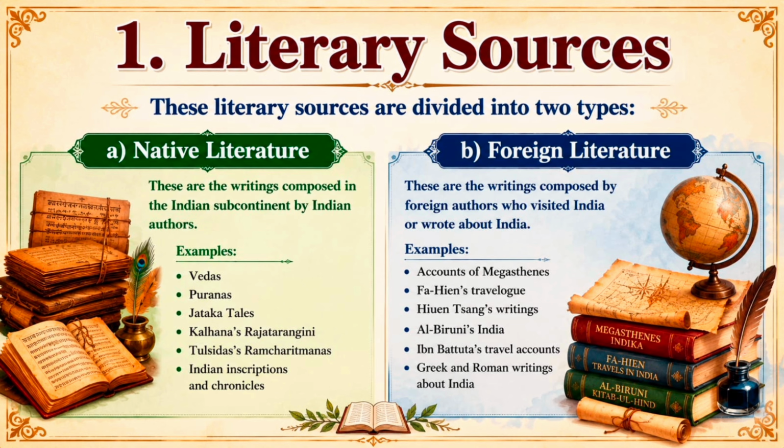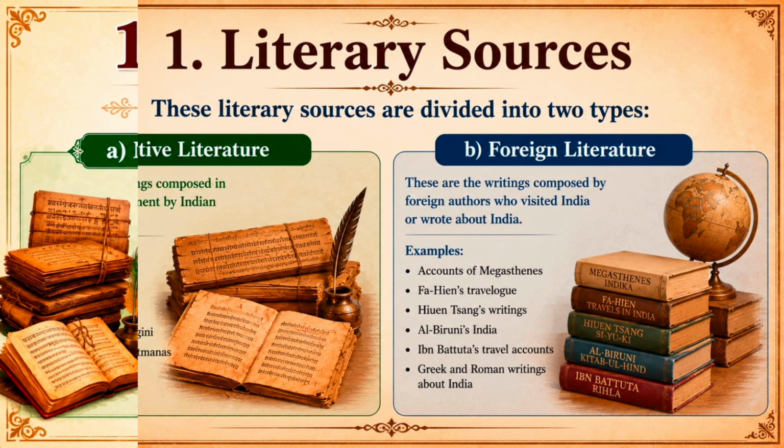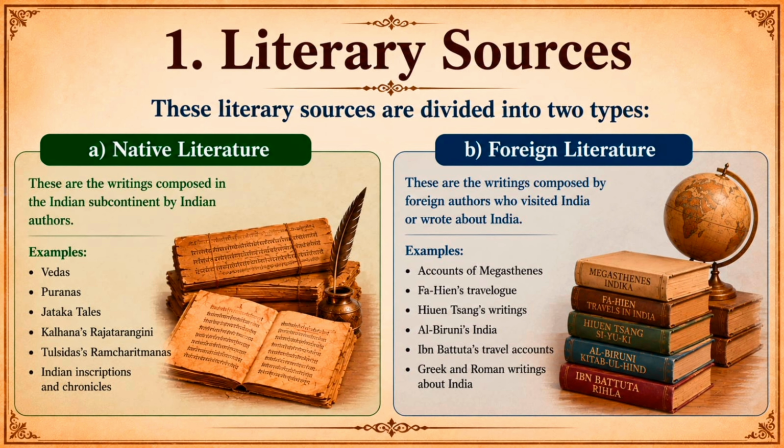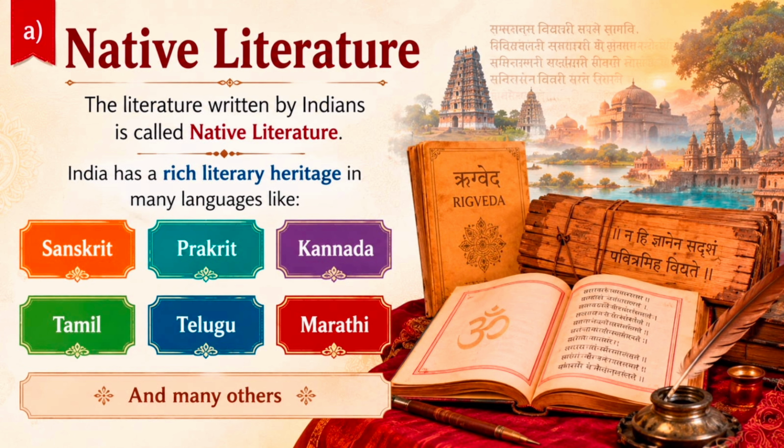Native literature. The literature written by Indians is called native literature. India has a rich literary heritage in many languages like Sanskrit, Prakrit, Kannada, Tamil, Telugu, Marathi and many others.